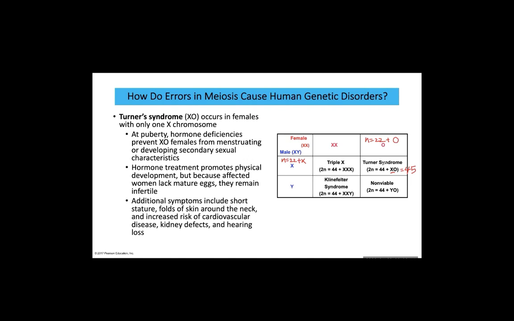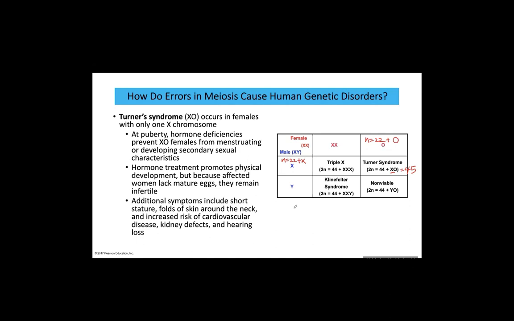So Turner syndrome means one X chromosome is incomplete or missing from the 23rd chromosome pair. At puberty, hormone deficiencies prevent those with Turner syndrome from menstruating or developing secondary sexual characteristics.